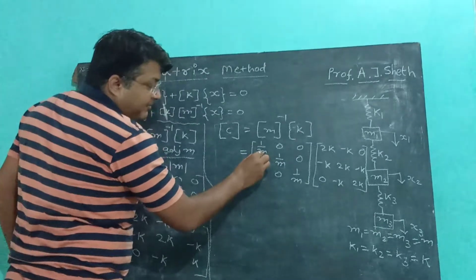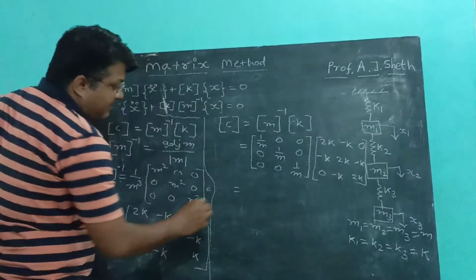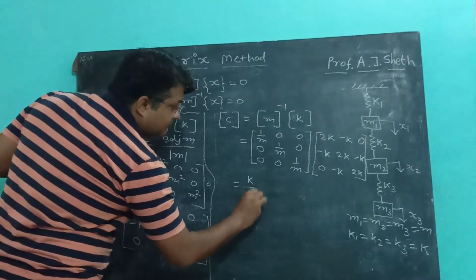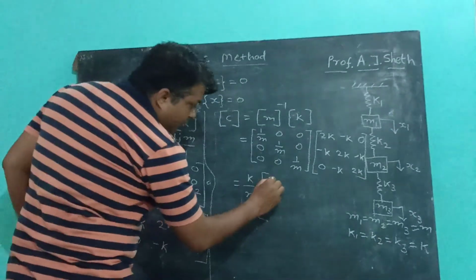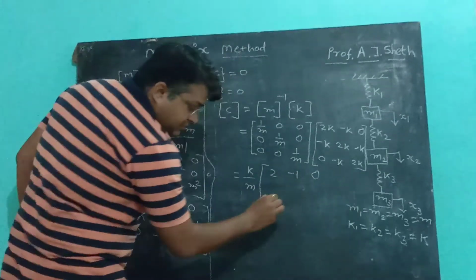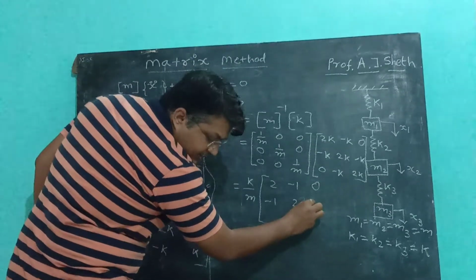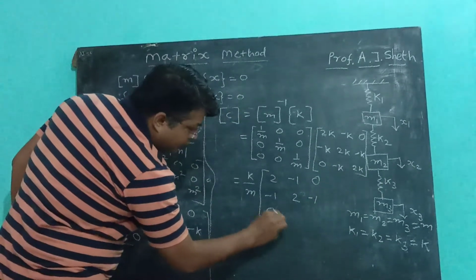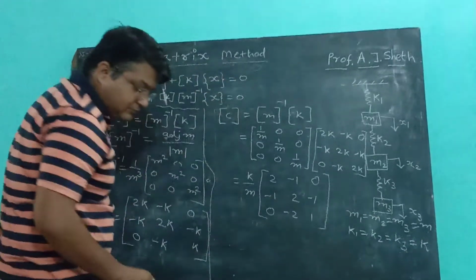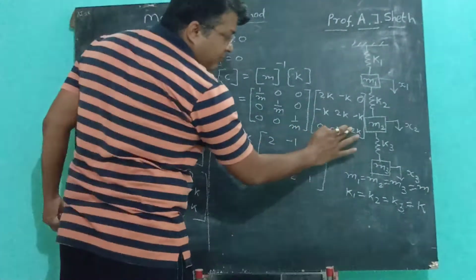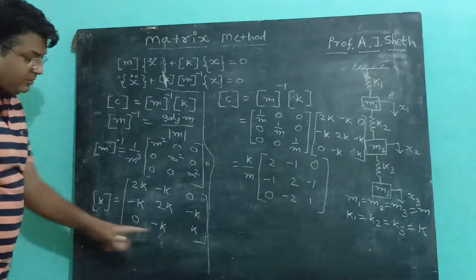So when we bring K by M outside, the inside value is 2, minus 1, 0, then minus 1, 2, again minus 1, 0, minus 1 and 1. Okay. Now here I have made a mistake. This must be K, not 2K. It was already K.